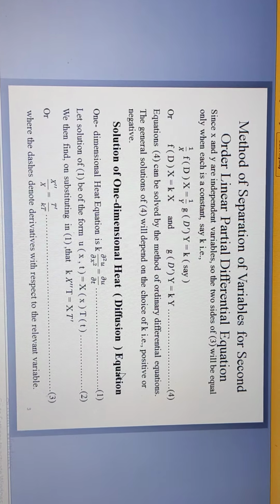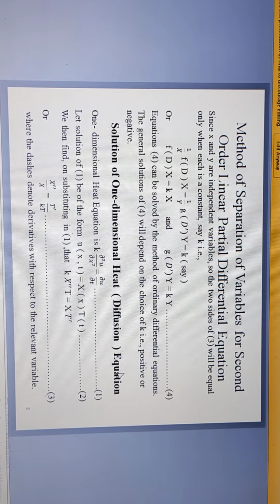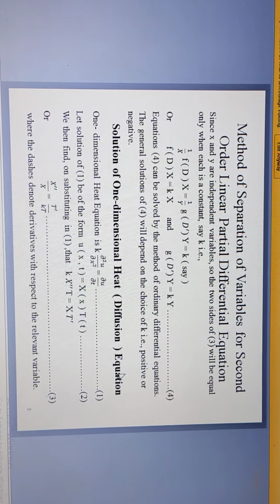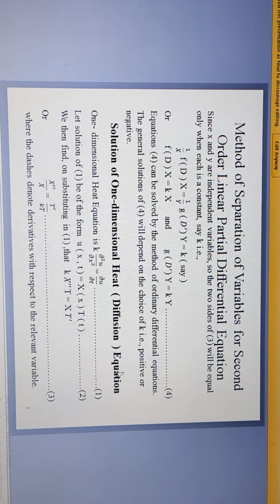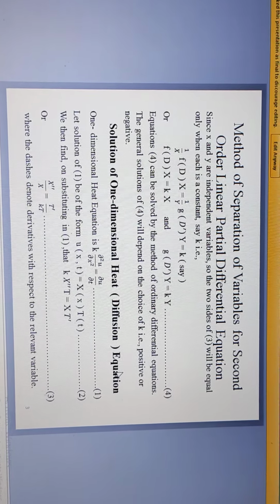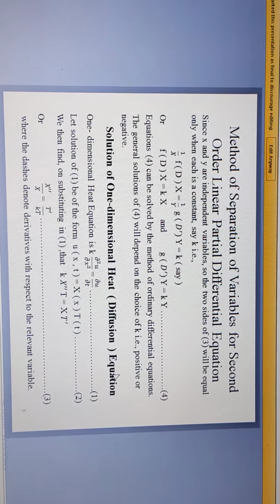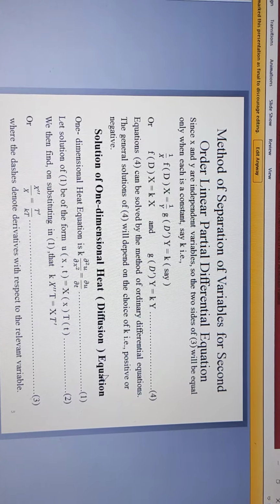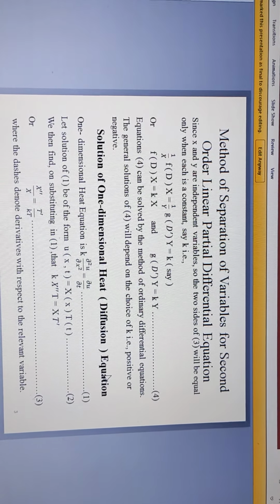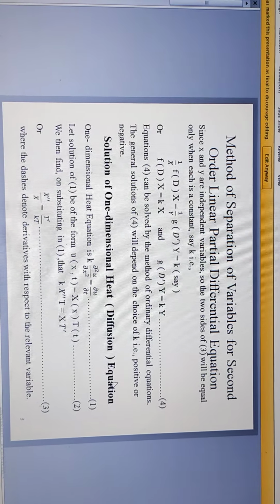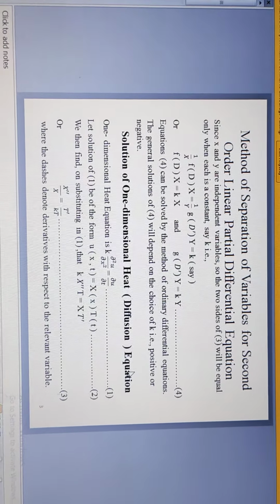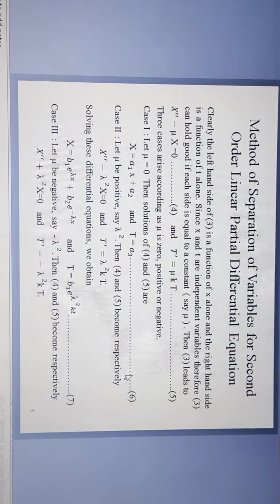We then find, on substituting in 1 after differentiating u partially with respect to small x and small t, we have X double dash upon X equals T dash upon kT, where the dashes denote derivatives with respect to the relevant variable.